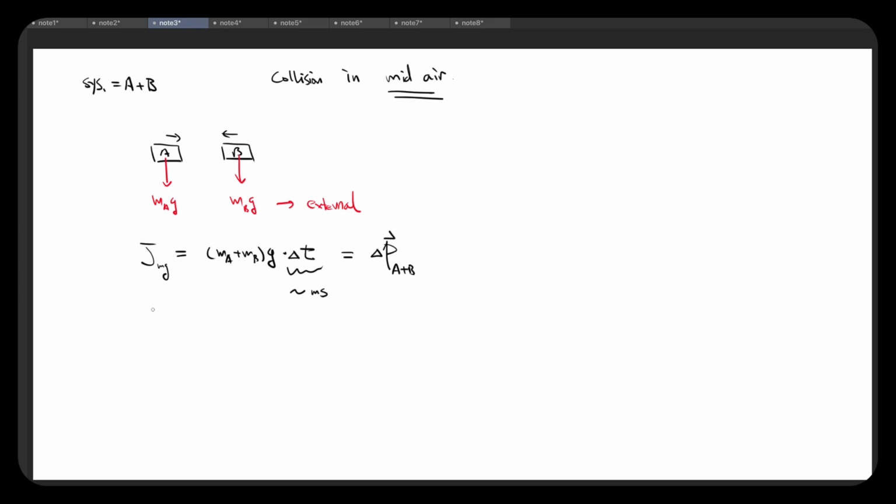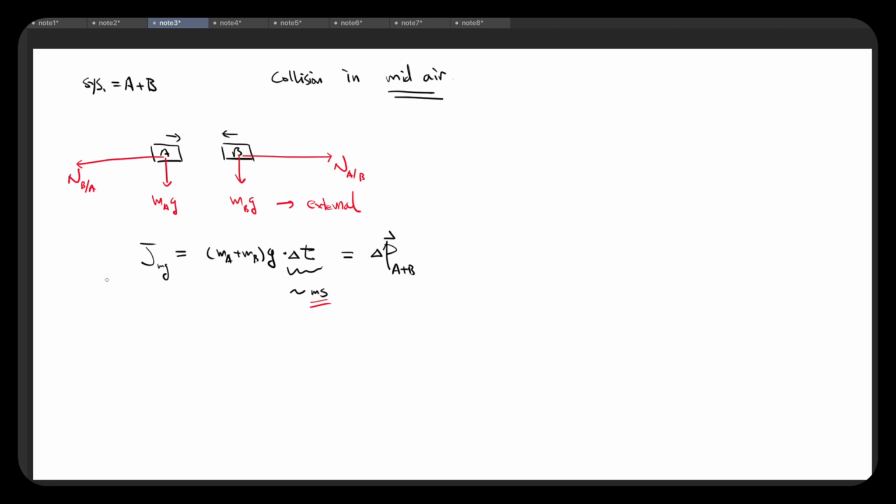Okay. Now the normal force between these two objects, we can say, during the collision, it's much larger than the gravity. So that's why, either from the scale of the magnitude of the force, but also the time scale here, the delta t scale, we can say we can neglect them.